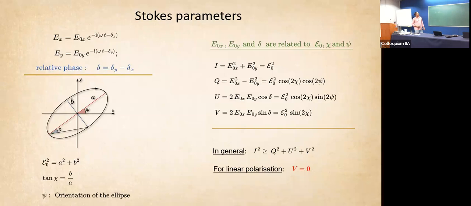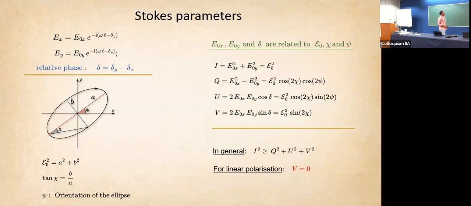So this has three unknowns: the intensity and the relative phase, and this could be linked to the three parameters for the ellipse. One parameter is the total intensity of this elliptically polarized light, another is chi, which gives the ratio of the semi-major and semi-minor axes, and psi is the orientation of the ellipse. These are linked through the Stokes parameters.